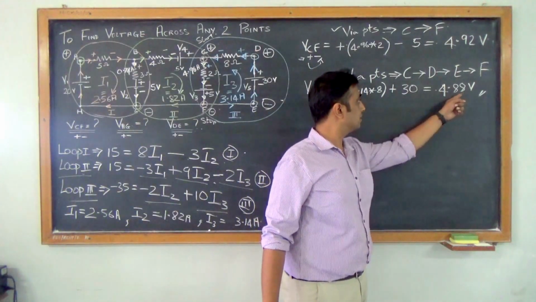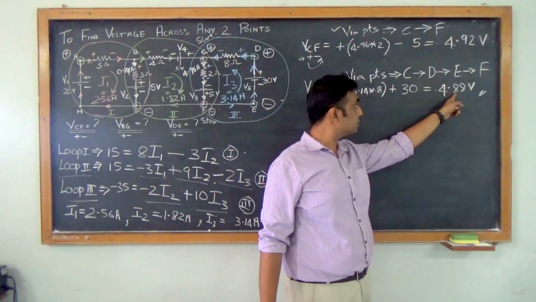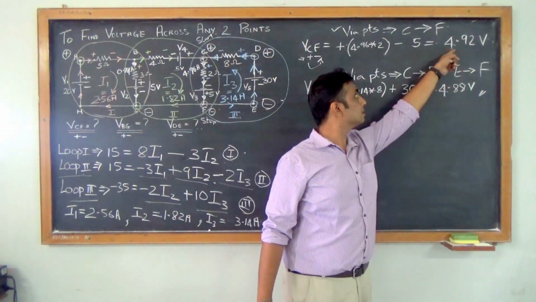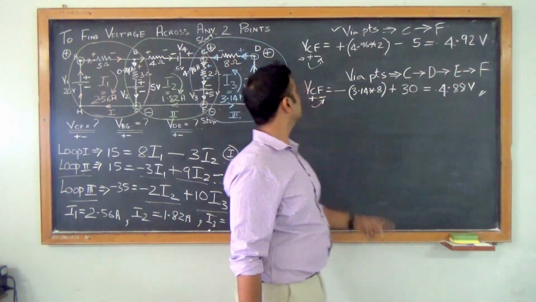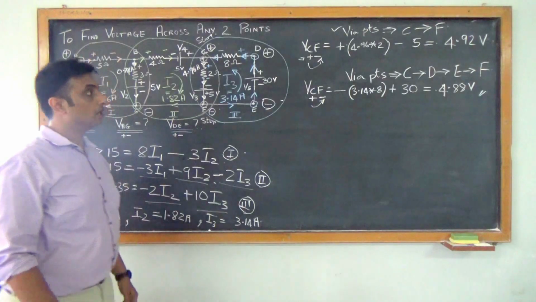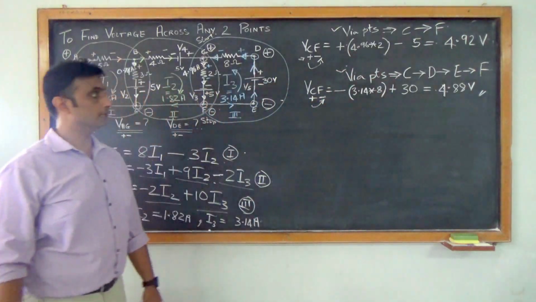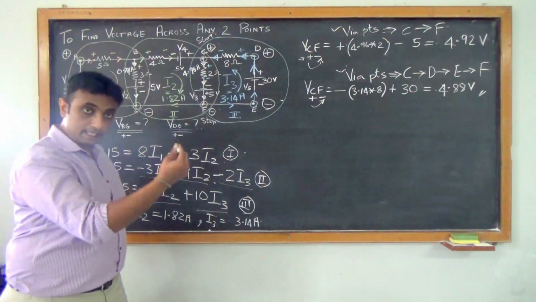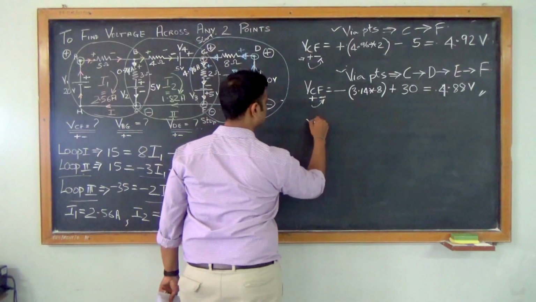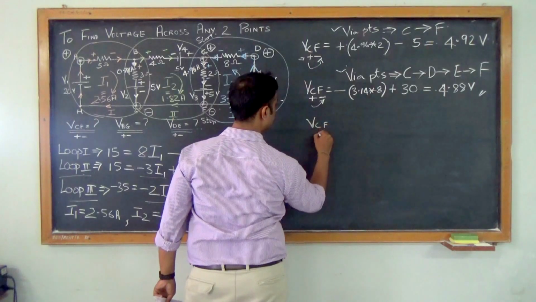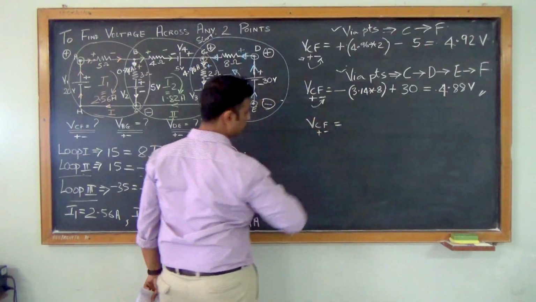If we take a decimal shift, it will become 4.9, which is nearly equal to 4.9 of the previous one. So no matter which points you take, you will get the same answer. Let's have another check, just to be sure.